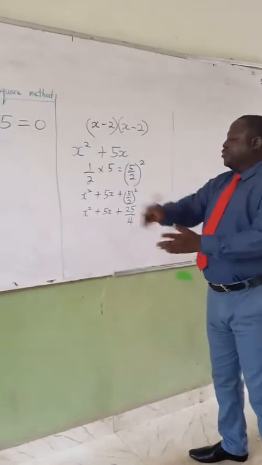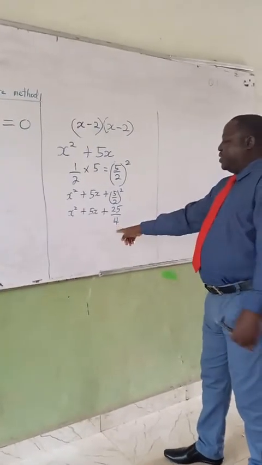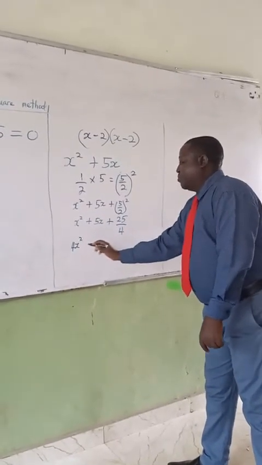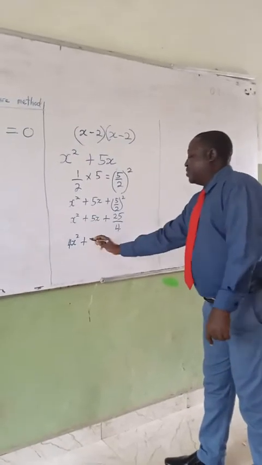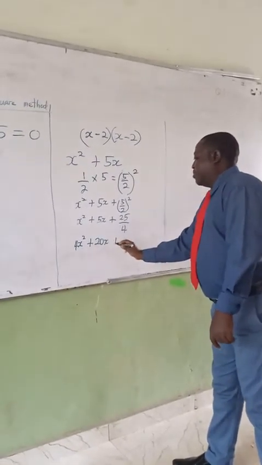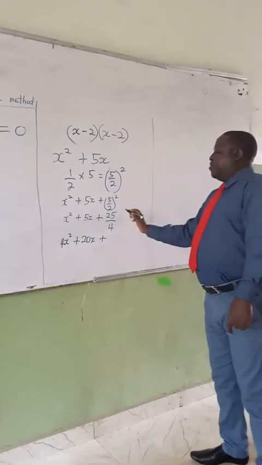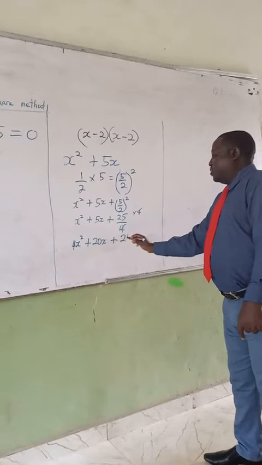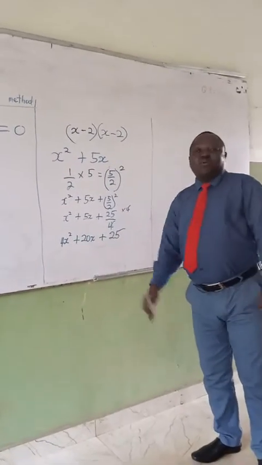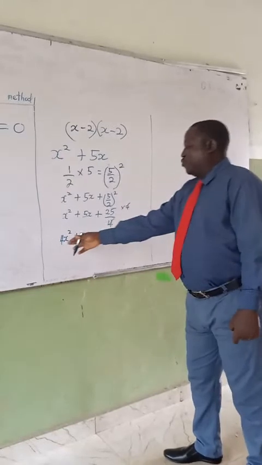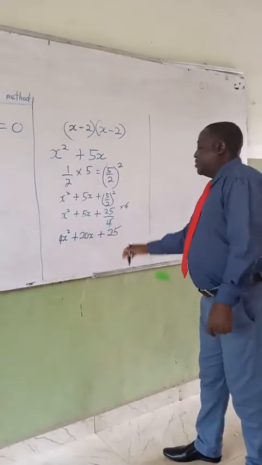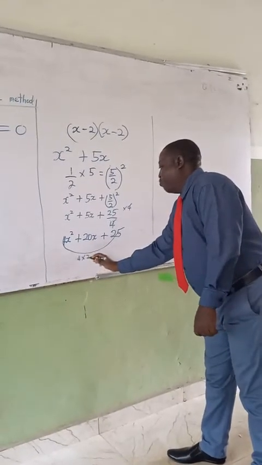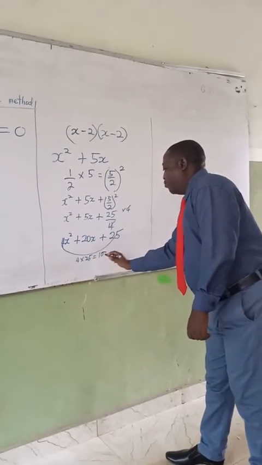If I multiply by 4 because of this denominator, 4 times x squared gives us 4x squared, plus 4 times 5x gives us 20x, plus 4 times 25 over 4; the 4 cancels the 4, leaving 25. So I want to apply the factorization method to factorize this expression. 4 times 25 is equal to 100.